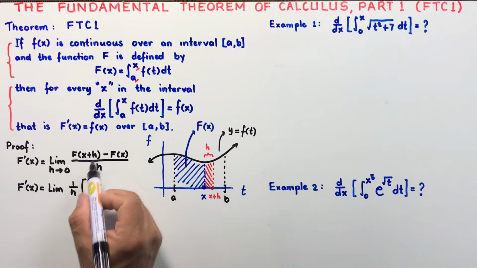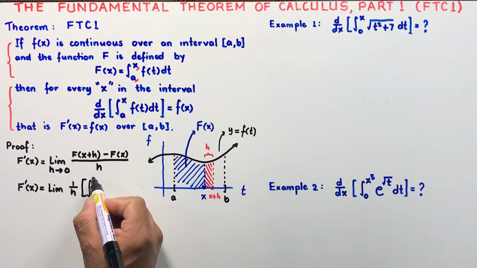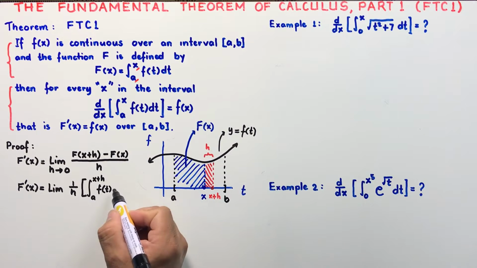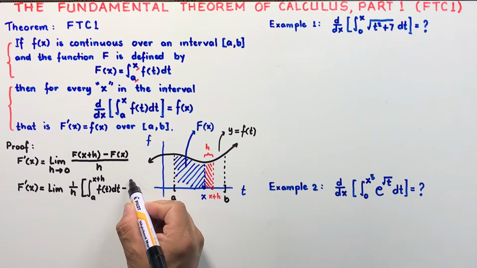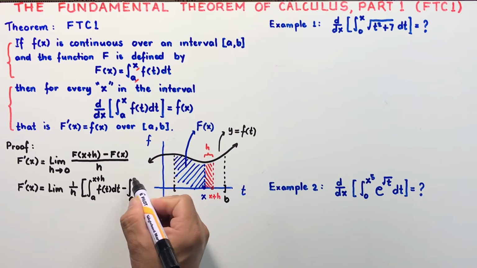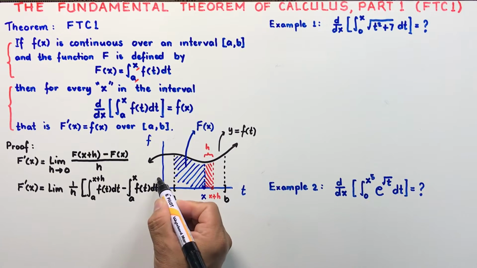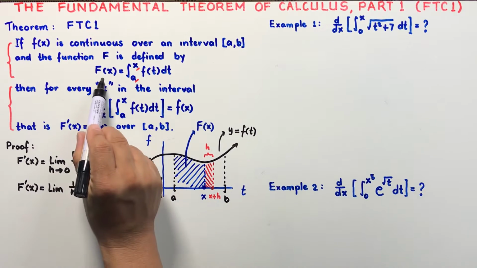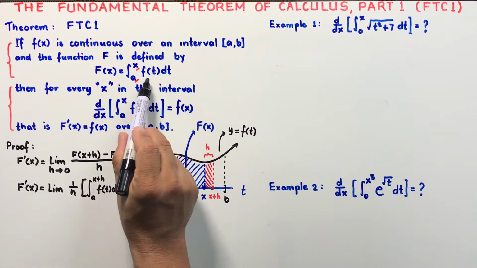So instead of writing this one, we will write the integral from a to x plus h of our function small f of t dt. And this is subtracted by the integral from a to x of our f of t dt here. Why? Because our big F of x is defined here in our hypothesis of the function, that the big F is defined to be the integral of our small f.